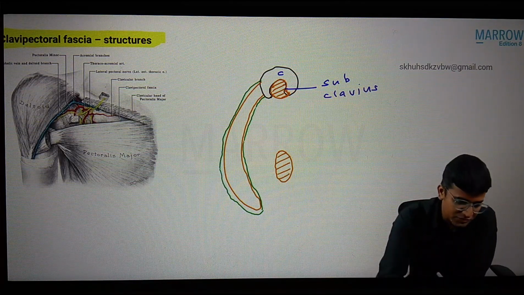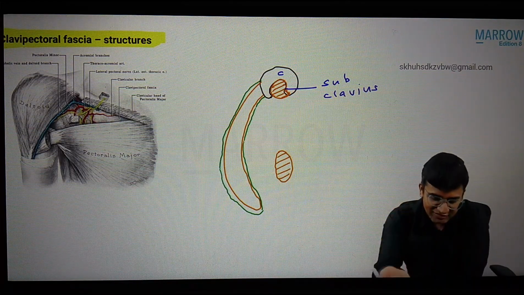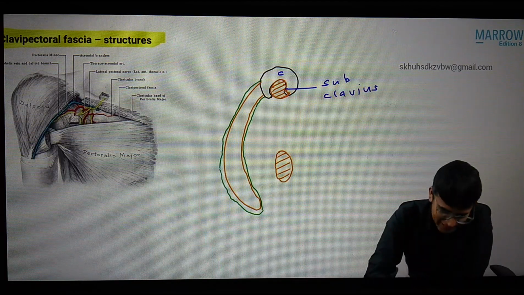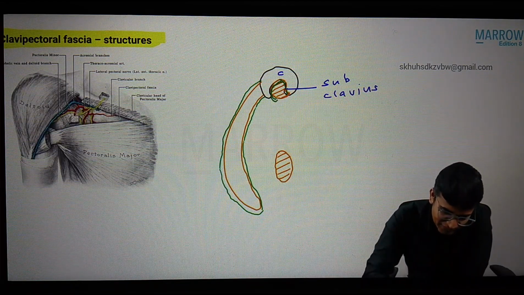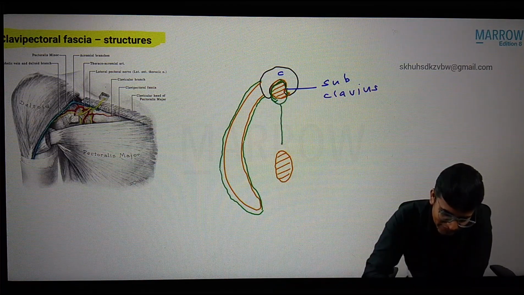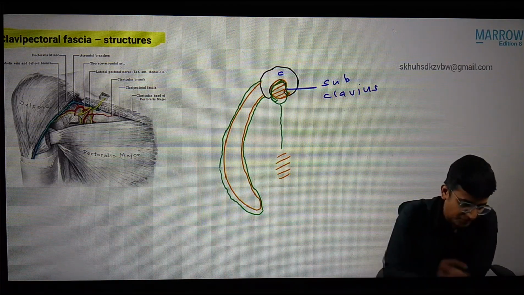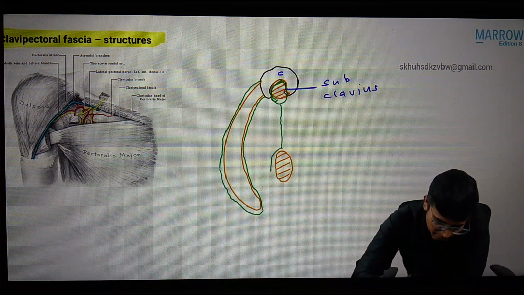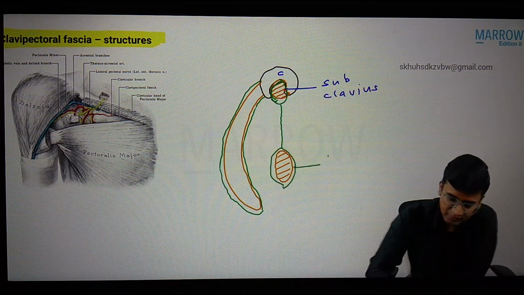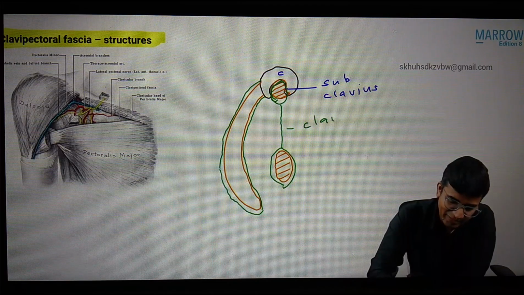I told you, between the clavicle and pectoralis minor, what do we have? Yes, very good. This is our clavipectoral fascia. The clavipectoral fascia will be like this, coming from here. So, this is our clavipectoral fascia.